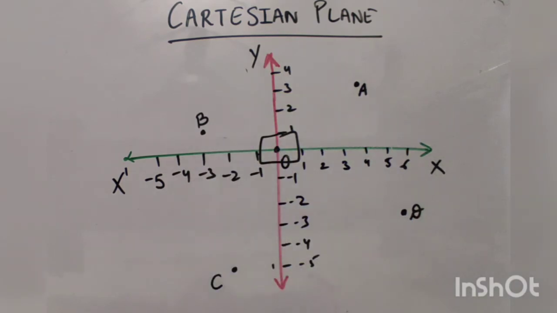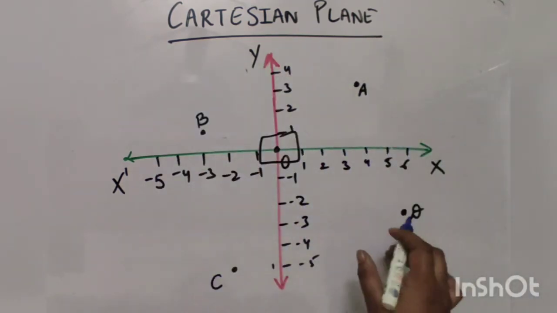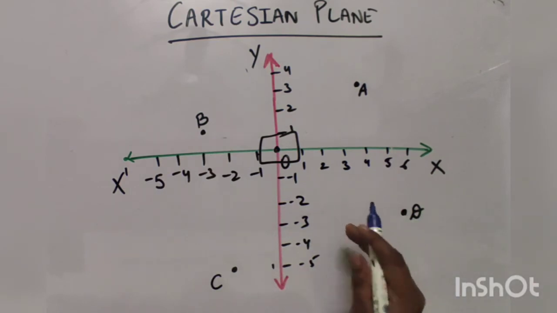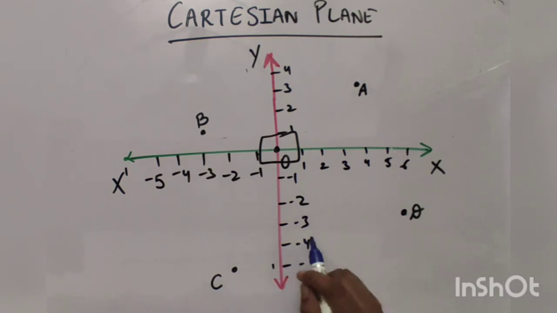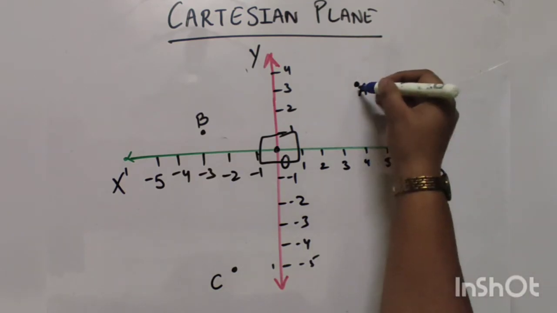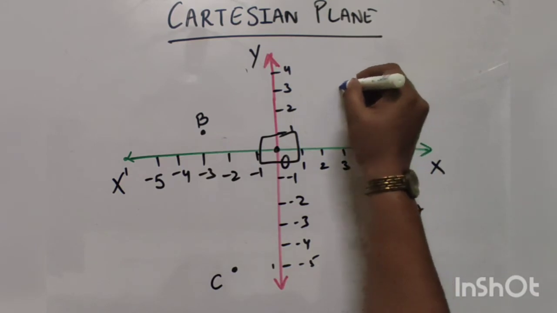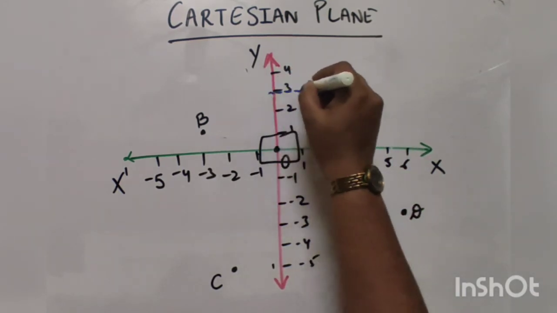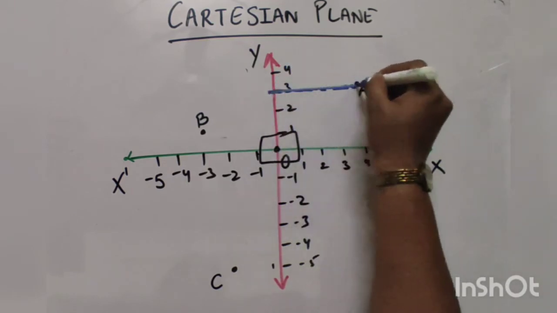Now look at the plane carefully. When we want to find a particular point on a Cartesian plane, we will draw a perpendicular line vertically from the point and horizontally from the point along each axis. Let me show you how. Let's see this point. If I draw a perpendicular line, you can notice this point is almost touching 3.